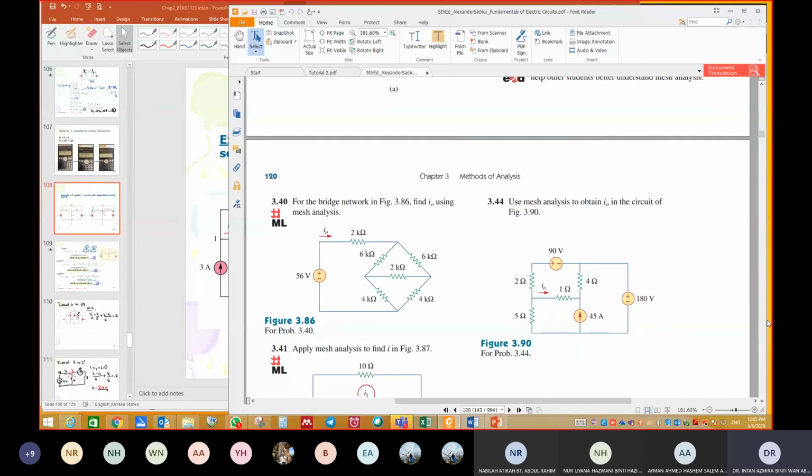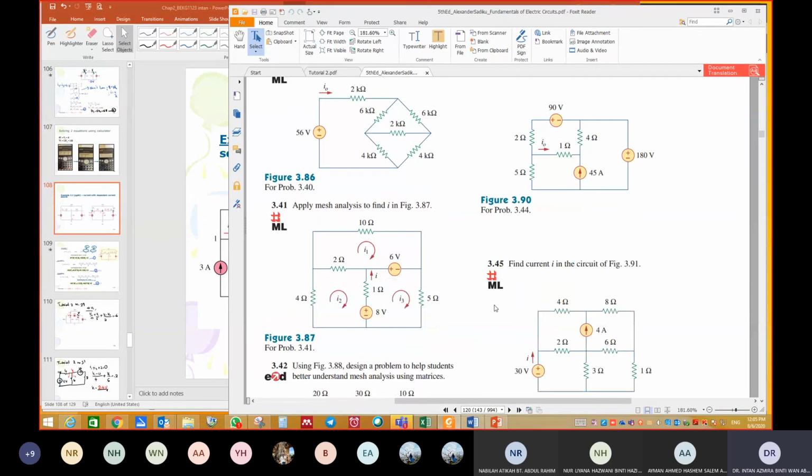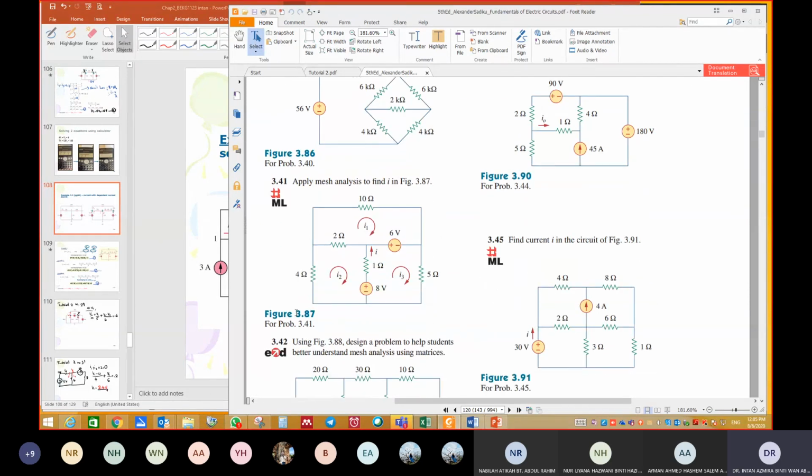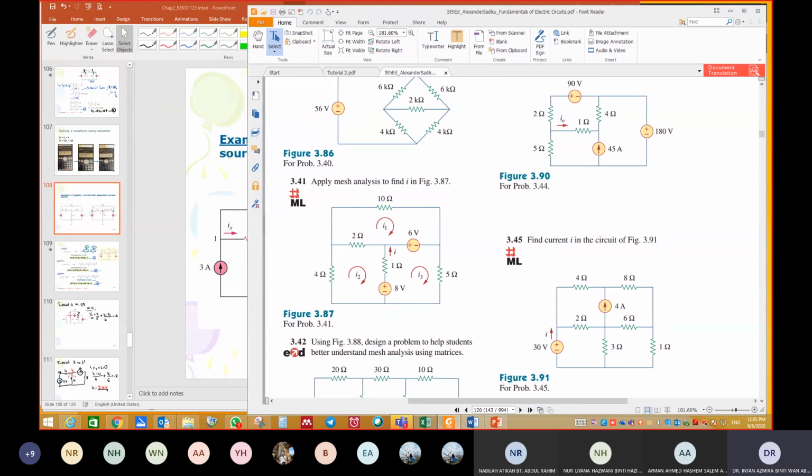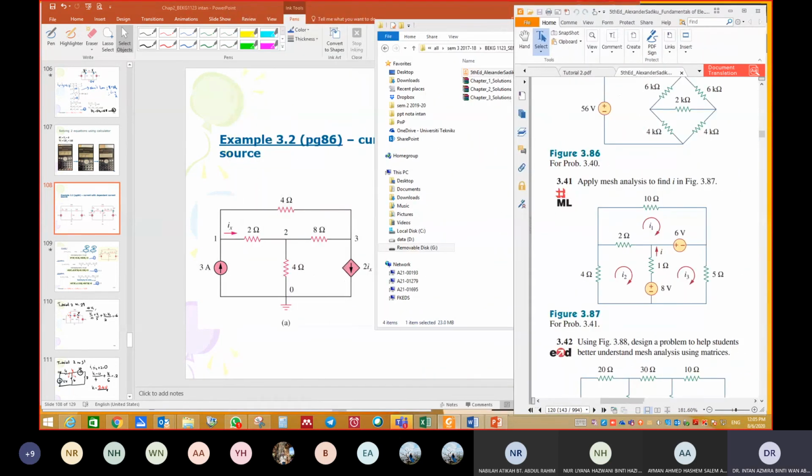Find I naught. This is mesh analysis. Apply mesh. Okay, how about this question number 3.41?